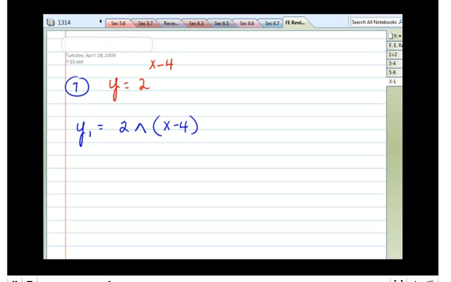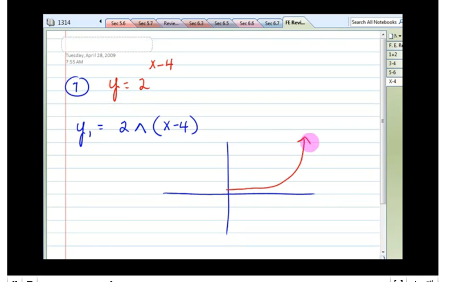And you should get something like this. Is that what it looks like? Something like that. And that one can be just a sketch. Okay, there's not too much that I need you to do. All right.